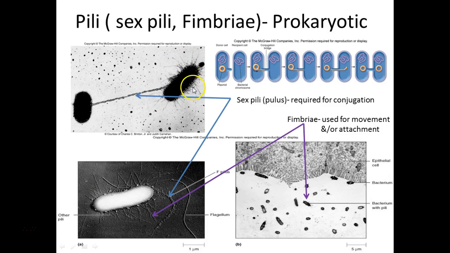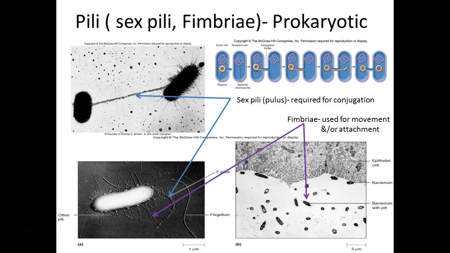Same thing here. Little tiny ones you can kind of see on this picture. These can be used for movement, we found out recently, to kind of twitch along, almost like having little legs. Kind of crazy. But their main evolutionary reasoning for some of these cells having it is typically attachment, especially when you're talking about pathogenic organisms.